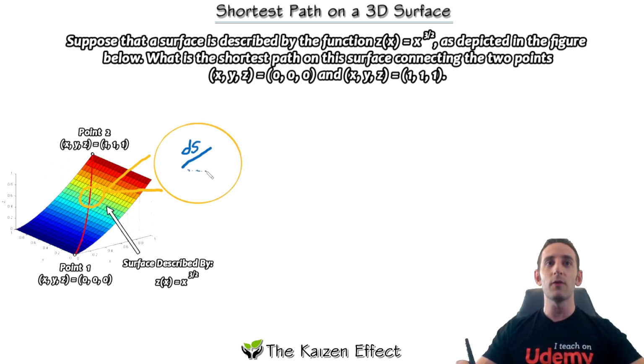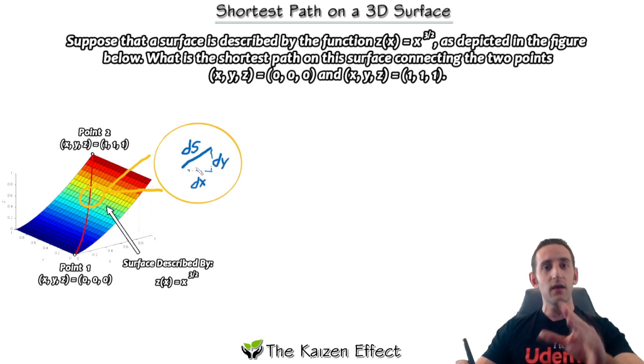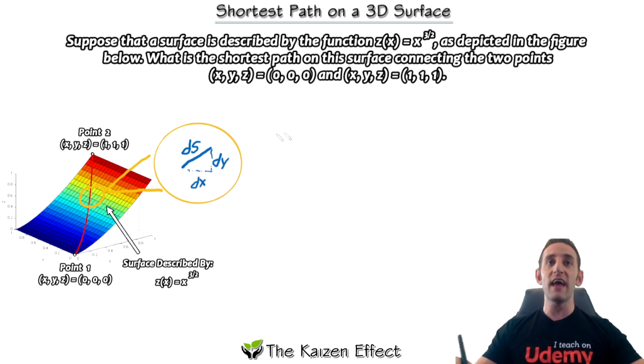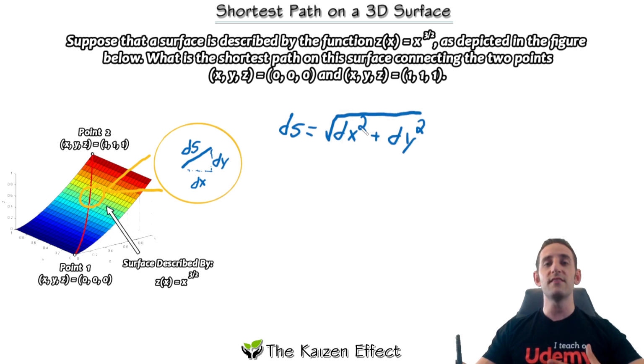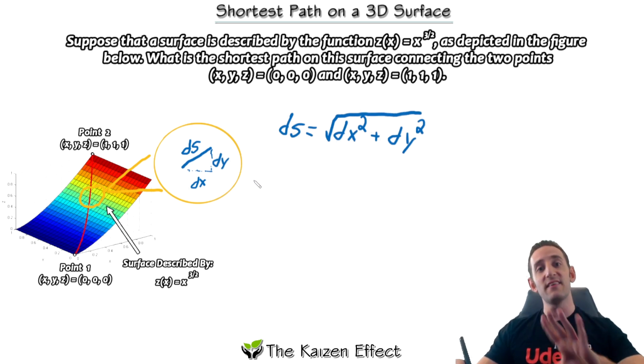What we could say is we're going to have something like this, and then you'd have maybe dx and dy. Okay? And we could find the length of this in the xy plane, the projection of that, by using the Pythagorean theorem, right? So we could technically say that ds is equal to the square root of dx squared plus dy squared. Okay? And that'll give us the distance of this curve projected into the xy plane.